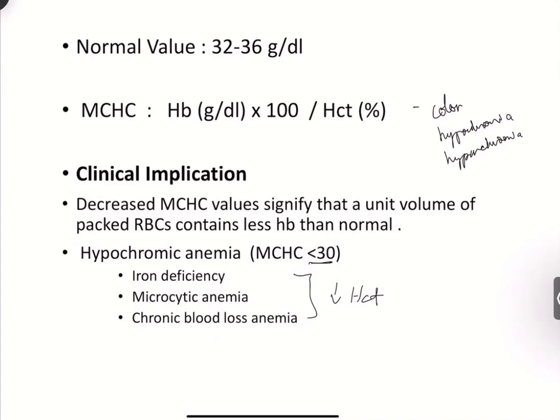Hyperchromic anemia naman, or hyperchromasia, is greater than 36 gram per deciliter, which signifies an increase in hematocrit.